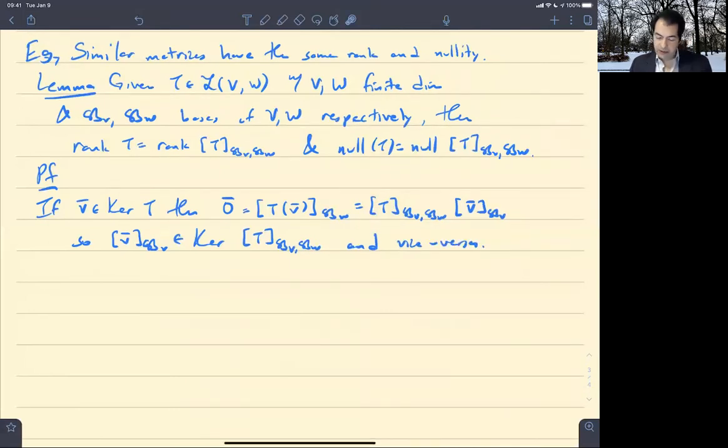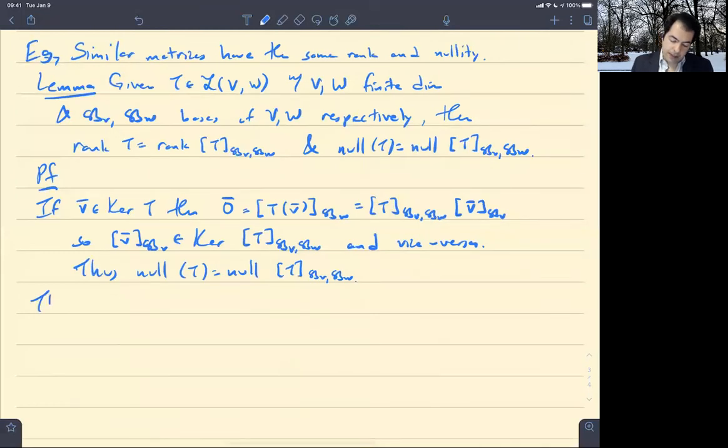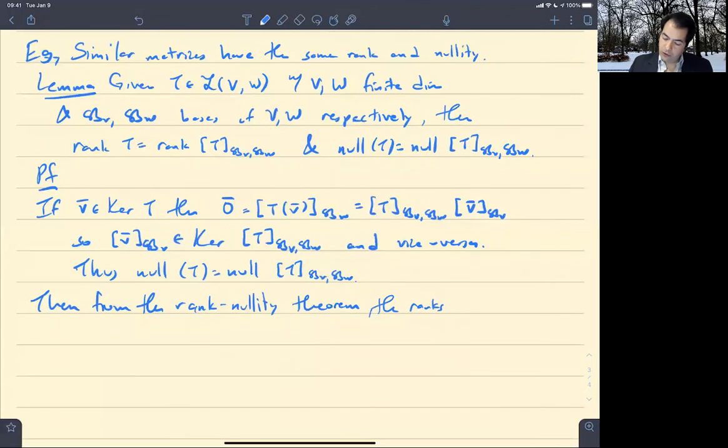If you have a vector in the kernel of this matrix, then by this equality, you know that the vector is in the kernel of T, of the linear map. That's enough to see that the nullity of T is equal to the nullity of the matrix. And then from the rank-nullity theorem, if the nullities coincide, the ranks also coincide.